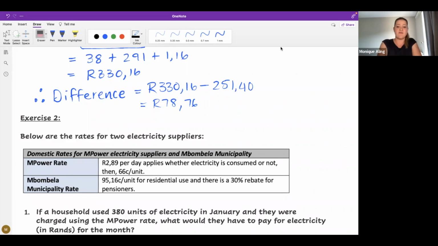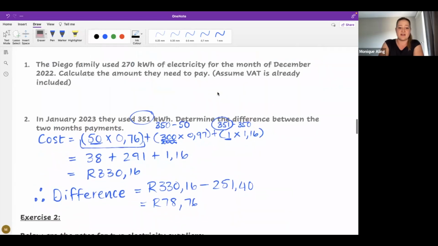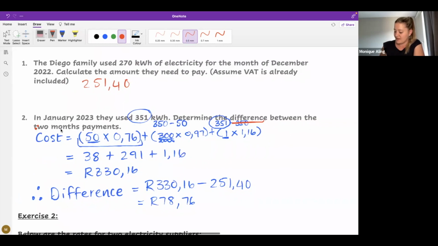Joyce, 251, that was our previous question's answer, number 1. Okay, so here was 251,40, and question number 2 asked us to work out the difference between the 2 months. So I've just taken the month that we just worked out minus the previous month.